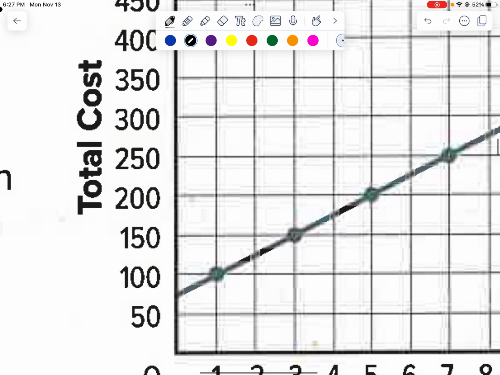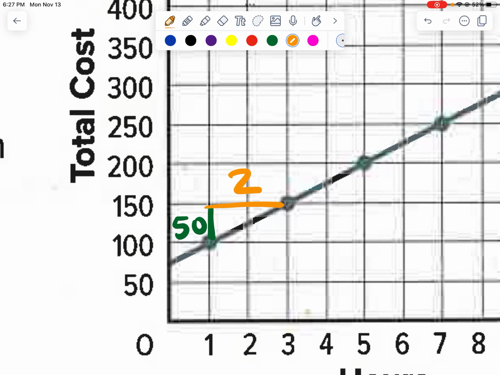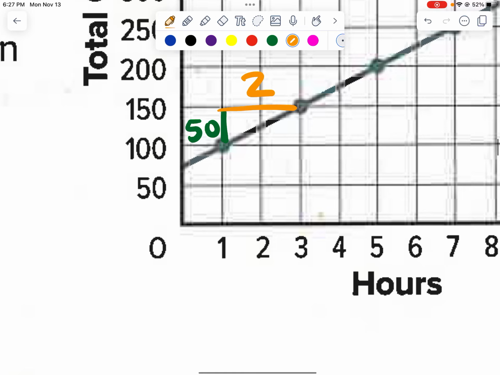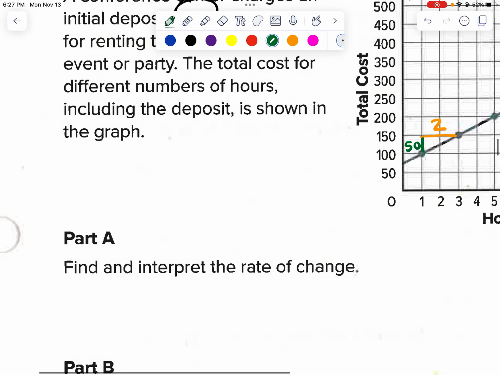Okay. So this goes up. How much? That went up 50. How far across did it go? It went over 2. So that means we have 50, and it's total cost for the 50.